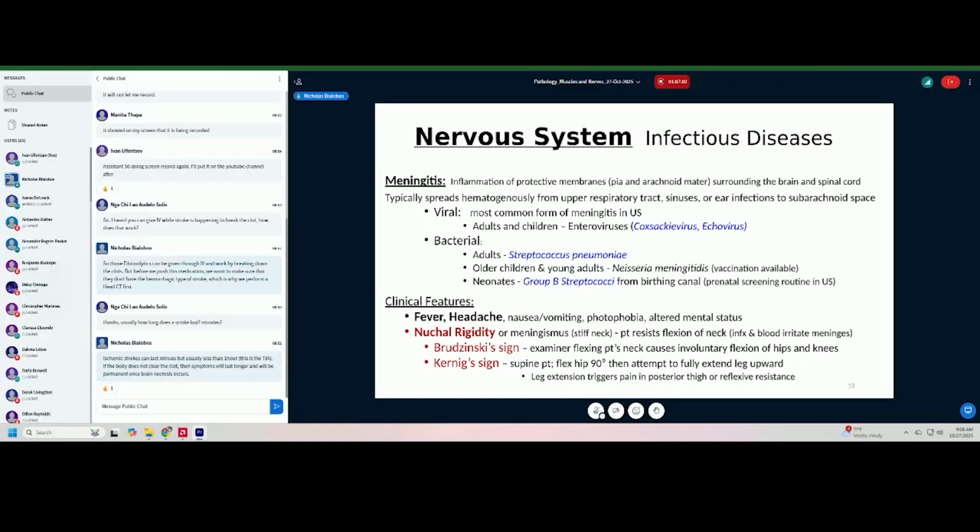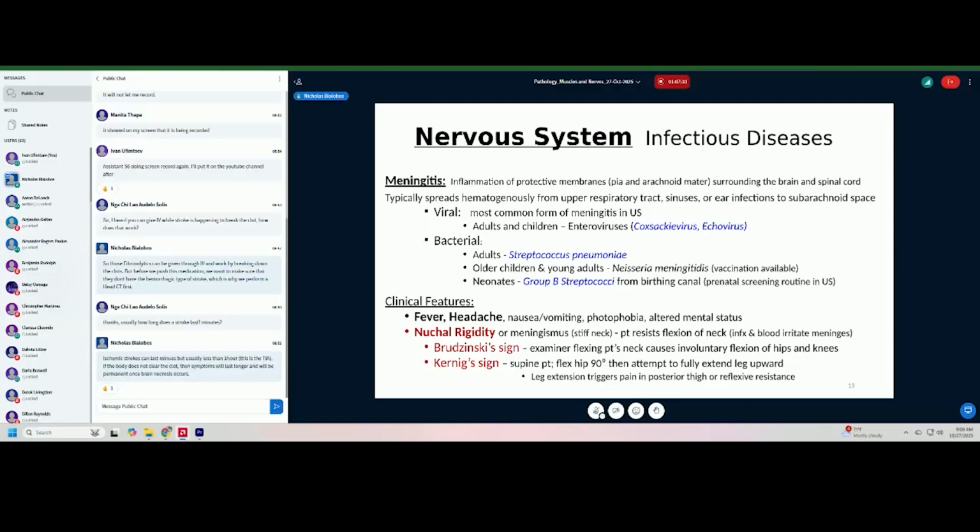By putting the neck in flexion, the patient is going to flex their hips and knees to reduce that tension, because that spinal cord obviously starts in the neck and goes all the way down to our lumbar region. By tightening those meninges, the patient is trying to reduce that stretch, so they'll flex their hips and knees to take that tension off.